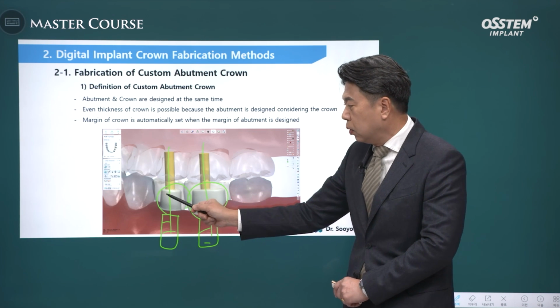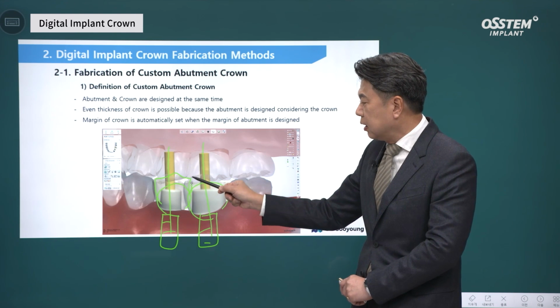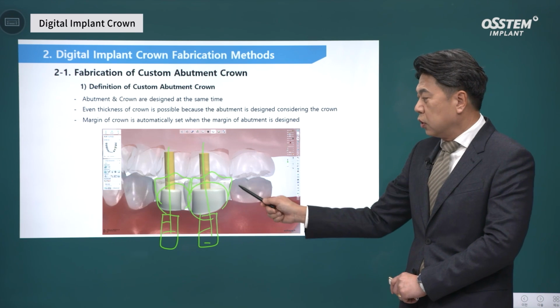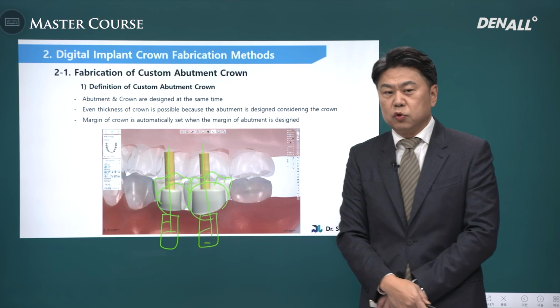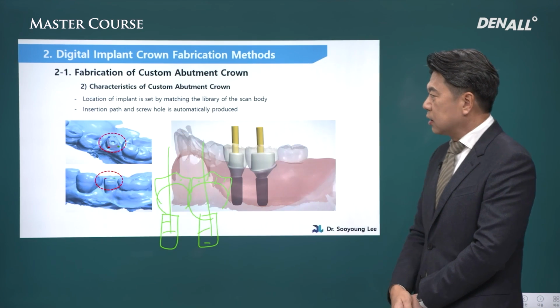The custom abutments can be designed and fabricated, and also the superstructure crowns can also be designed together. Depending on the crown materials, the thickness can be determined, which is a great advantage of this.